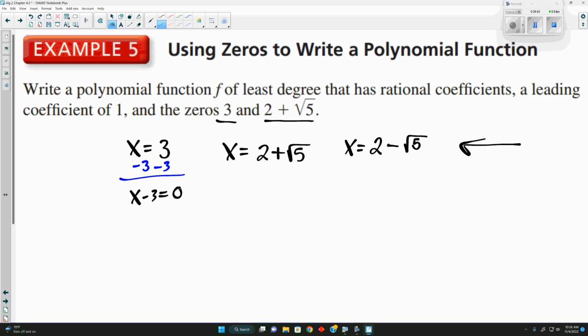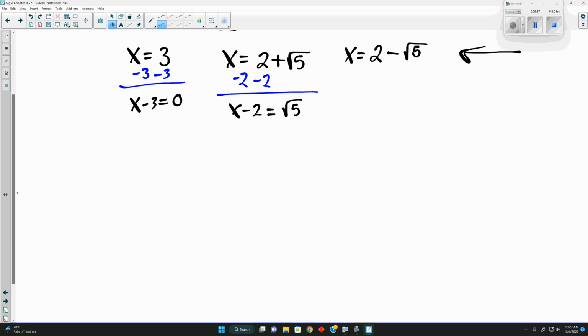We good with that one there? We'll do the same thing with the next one. So here, I can minus 2 from both sides and say x minus 2 equals the square root of 5. Well, unfortunately, this is not equal to 0, so I have to subtract the square root of 5, telling us x minus 2 minus the square root of 5 is 0.